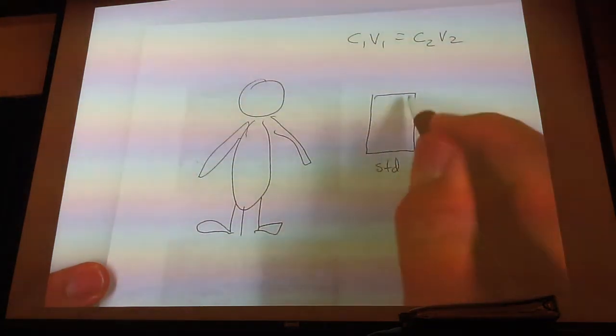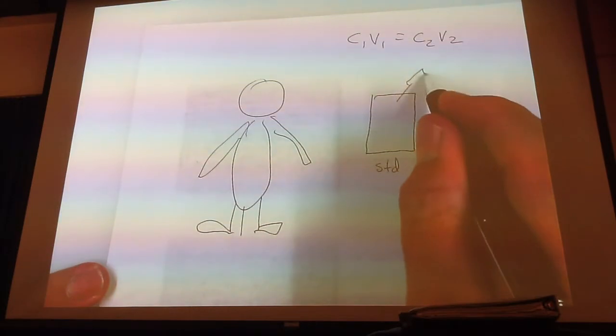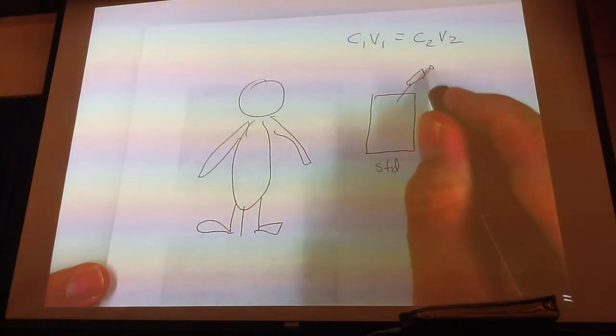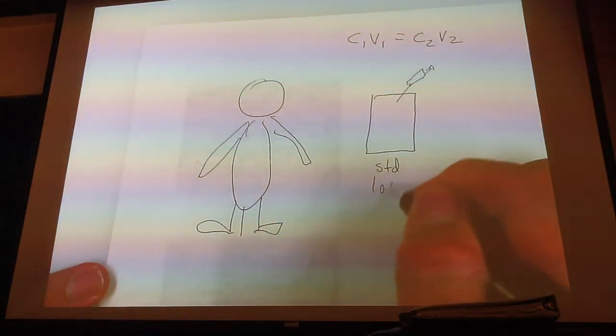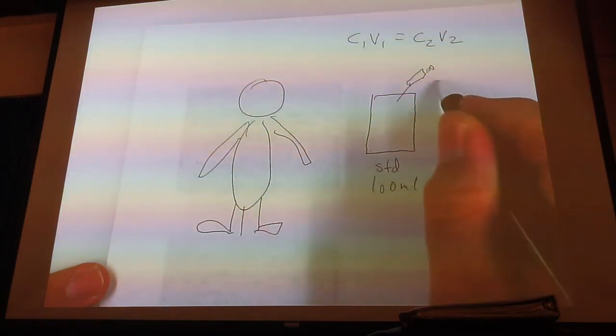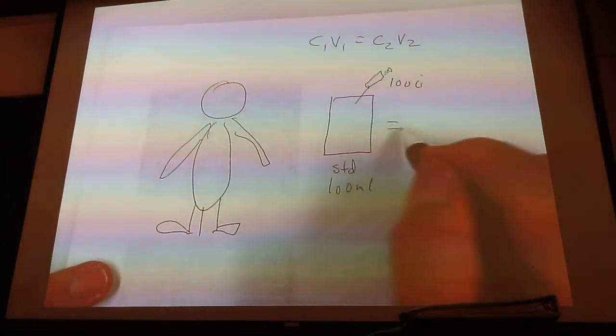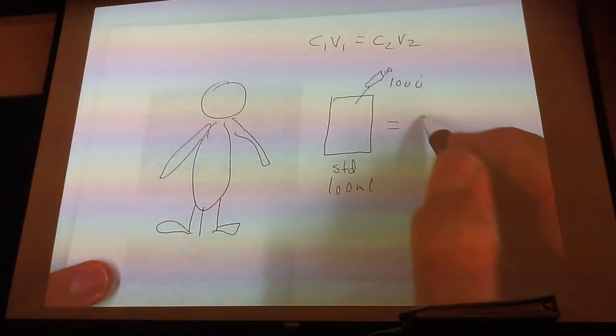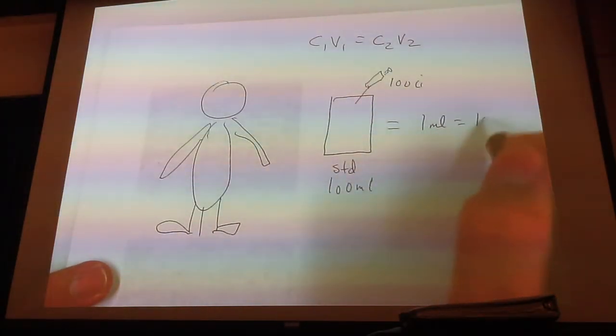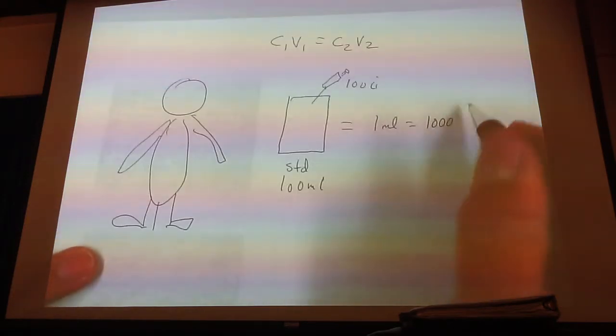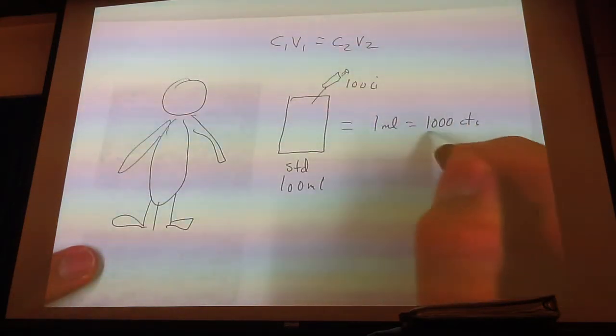You put a known amount of activity in here. Let's say that you have 100 ml. You put in 10 microcuries. And when you take out 1 ml, let's say you get 1,000 counts per ml.